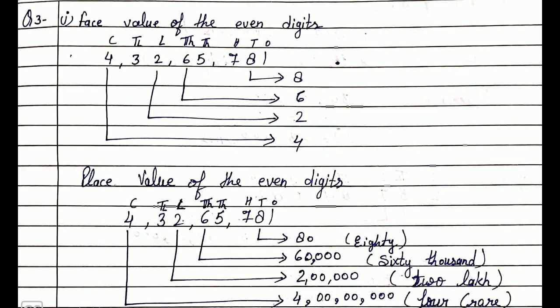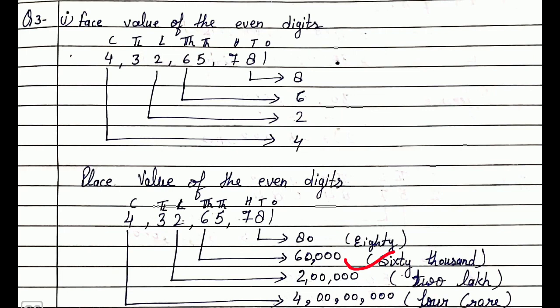And for the place value, as you can see, for the even digits only, 8 is situated in the tens place. After 8 only one digit is there, so we will write 0 after 8. So the place value will be 80. Now 6 is in the ten thousands place. After 6, 4 digits are there, so 4 zeros will come, so the answer will be 60,000.